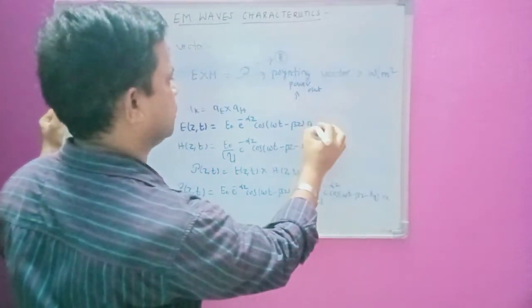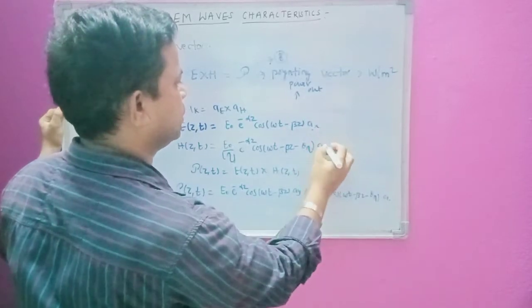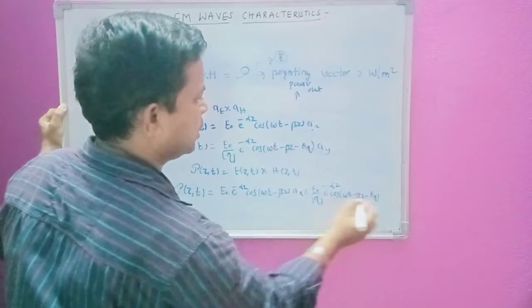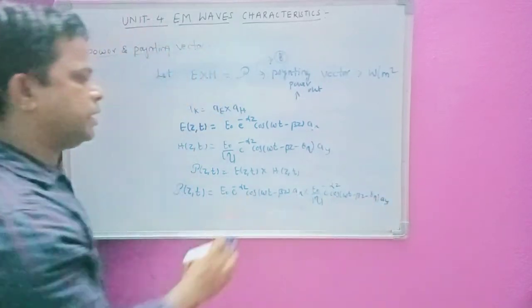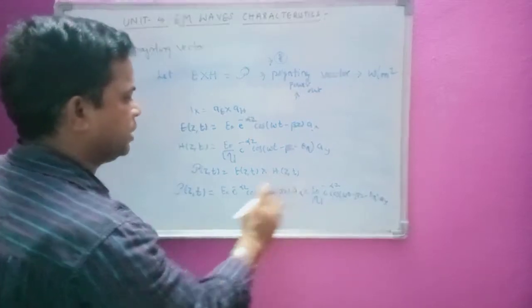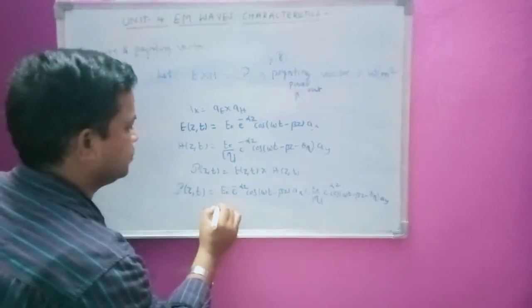Sorry, this is ax and this is ay. Okay, sorry for that. So now if I take the cross product of these equations, if I take the magnitude product here, what do I get here?